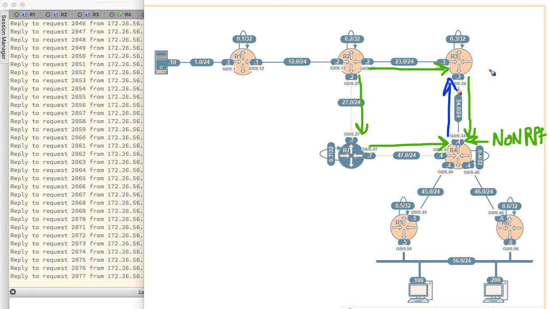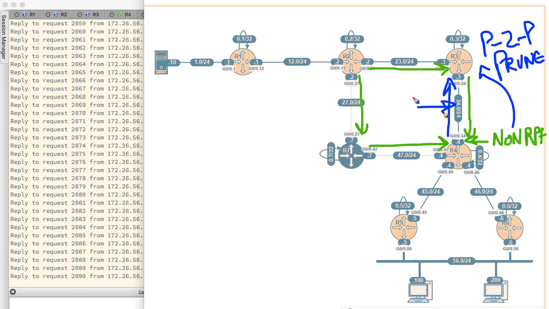So in normal cases, and this is the non-RPF for R3, in a pure point-to-point link, there would just be pruning that happens here, right? So just be pruning. But remember, this link by its nature is a multi-access link. And because of that, there would be assert here followed by the actual prune. So there would be an assertion that happens there, and that should be followed by the prune.